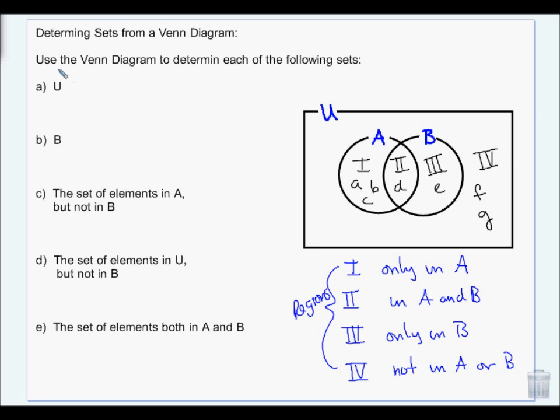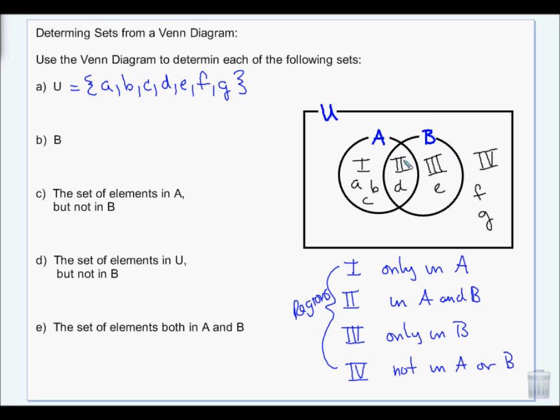So if we use the Venn diagram to determine each of the following sets, well, U is the whole box. So U is every single thing inside here. So that's A, B, C, D, E, F, and G. Okay. B is this circle.